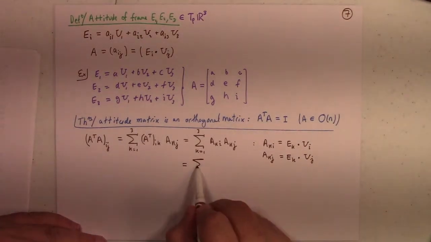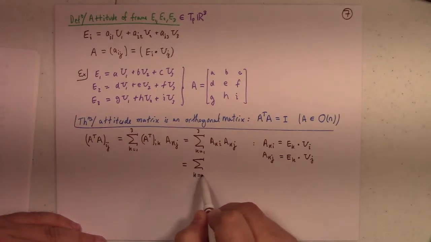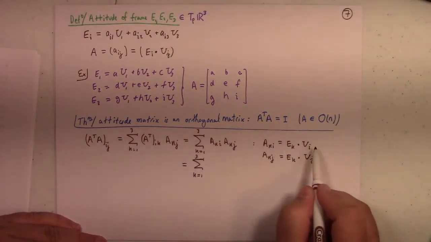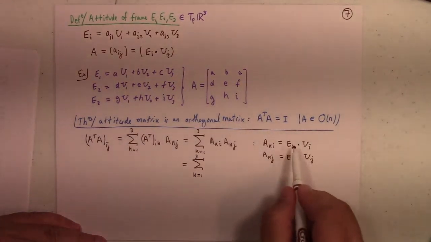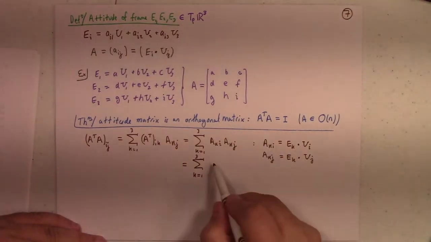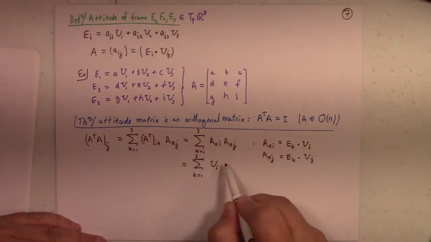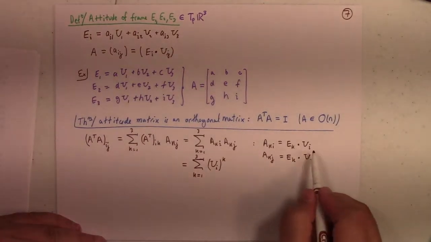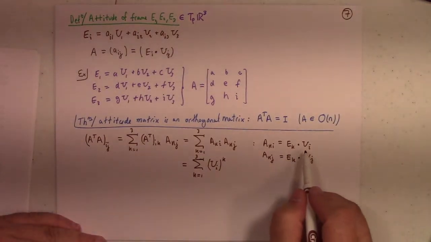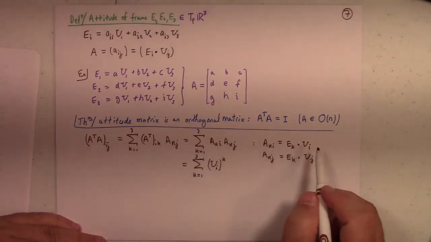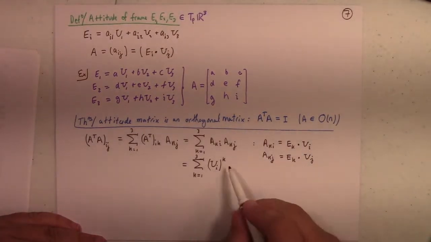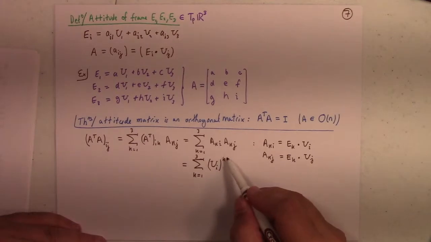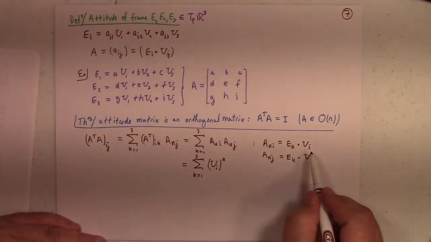So what we're looking at here is a sum. I don't know how is the best way to explain this, but this is the kth element. So if I look at the U_i vector, this is the kth component of it, right? With respect to the E frame, okay?